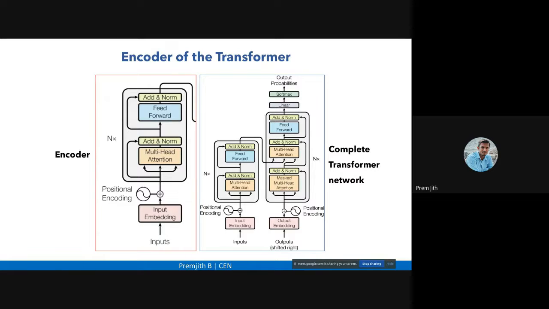This is the encoder decoder architecture used for the transformer. On the right hand side you can find the complete transformer network, and on the left hand side you can find the encoder network used in the transformer network.